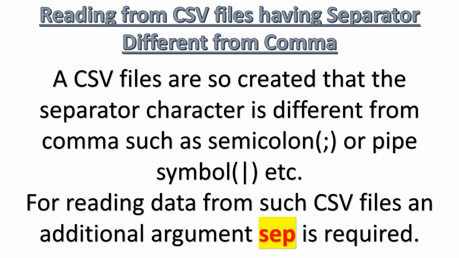Now for reading such CSV file which is using separator other than comma, you have to specify the character that has been used as separator using the additional argument sep. So the argument sep is used to define the separator that has been used in the given CSV file if it is other than comma, because comma is the default separator for the CSV file.